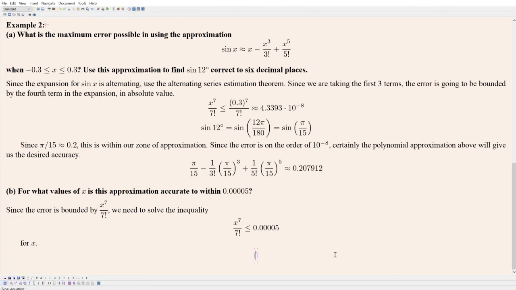Just multiply both sides by 7 factorial, and then take the 7th root. So what do we get?